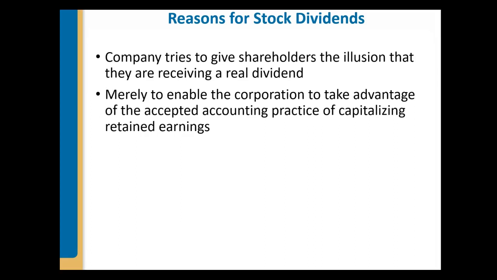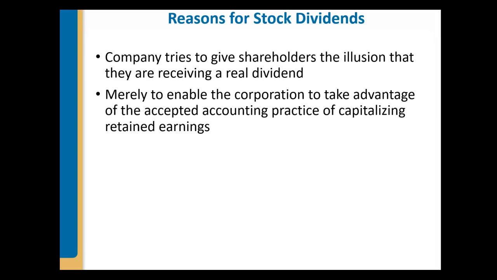Since neither the corporation nor its shareholders really benefit from stock dividends, then why do companies declare them? Occasionally, a company tries to give shareholders the illusion that they are receiving a real dividend, while another reason is merely to enable the corporation to take advantage of the accepted accounting practice of capitalizing retained earnings.